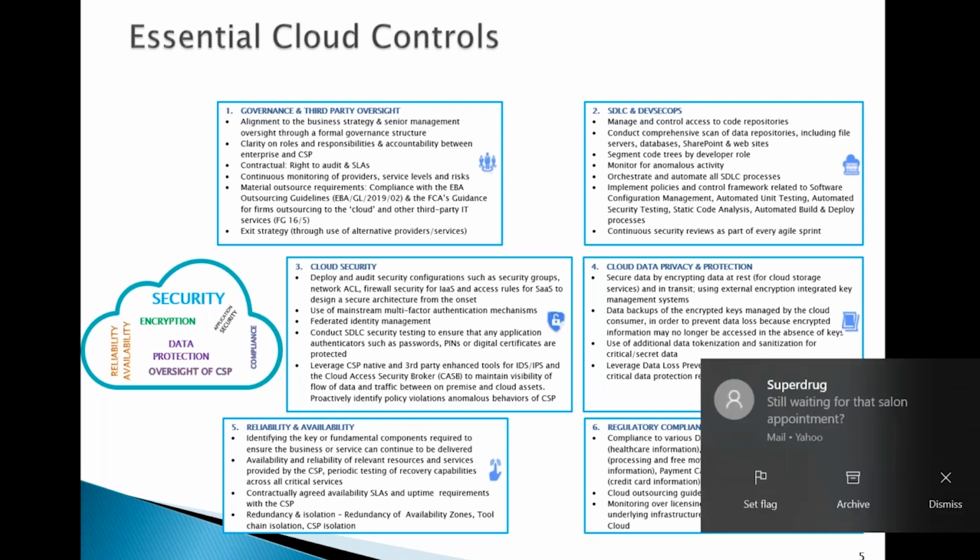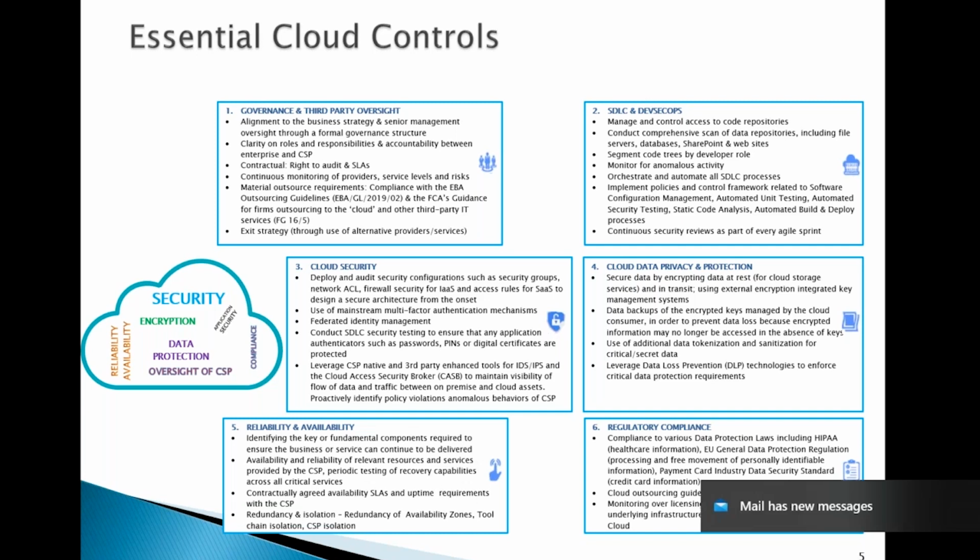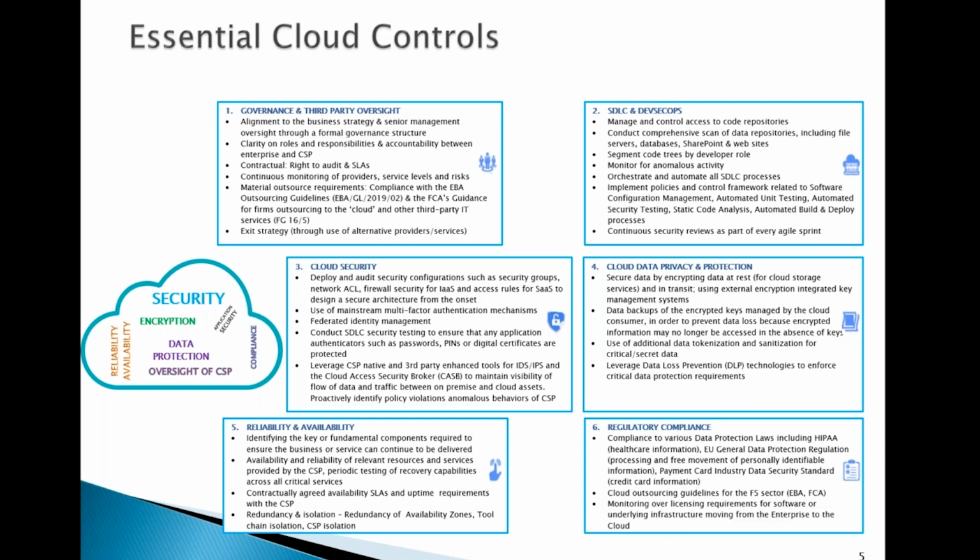Typically there's something called a shared responsibility matrix, which the cloud service provider draws up. It clearly outlines who does what: who's responsible for patching, security controls, and user identity access management controls. That matrix makes it quite clear who does what, and also the accountability for those as well.